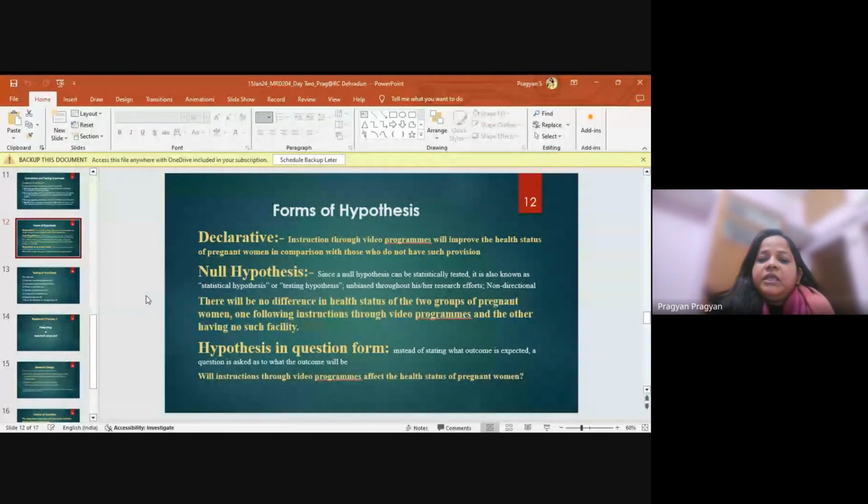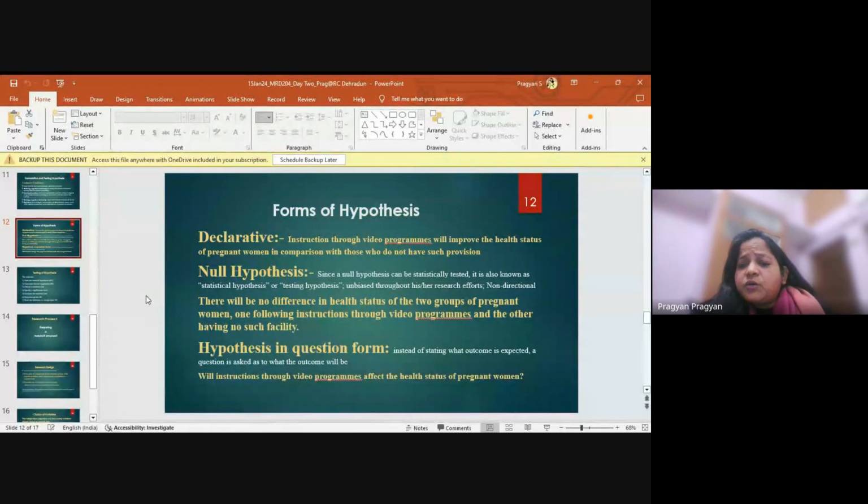That means audio visual programs will improve health awareness, and that would affect their health outcomes as compared to those pregnant women who don't have any access to those audio visual programs related to health awareness. This is a kind of simple statement and we call it declarative hypothesis.